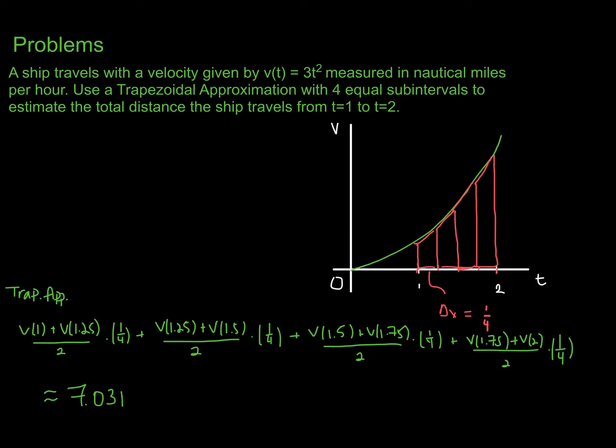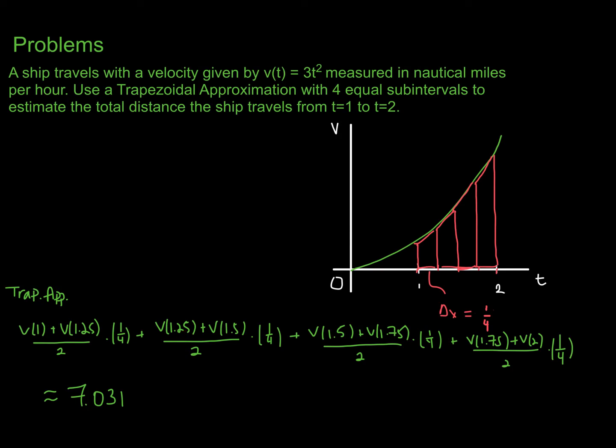So there are the calculations for each of the trapezoids and then added together. A couple of things to make your computation quick: notice that 1/4 times 1/2 will be 1/8. So you'll have a 1/8 with each of these terms. So you can factor out that 1/8, and you'll have 1/8 times all of these different values: v of 1, v of 1.25, another v of 1.25.